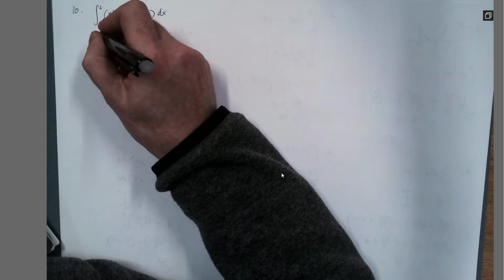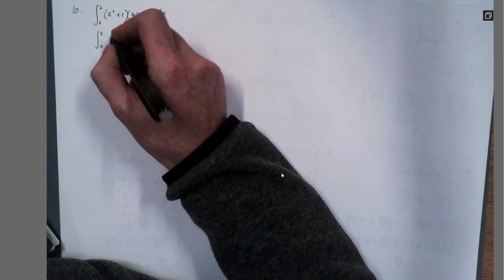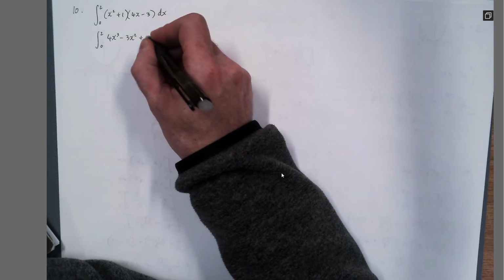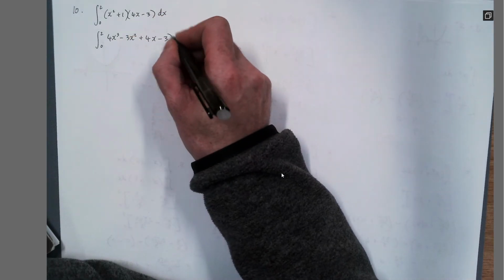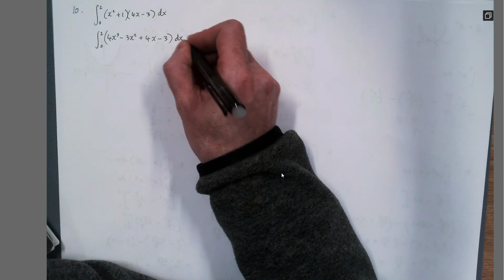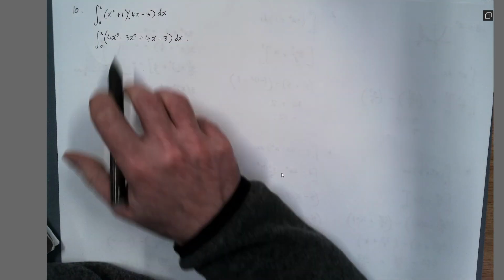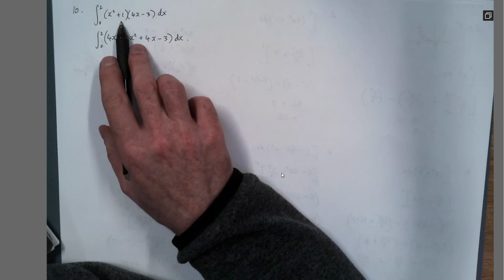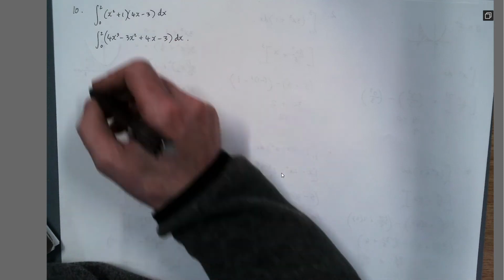So integration gives you k x cubed minus 3x squared plus k x minus 3 dx. Okay, so just read them into x squared for k x, and then for minus 3. And then integrate.